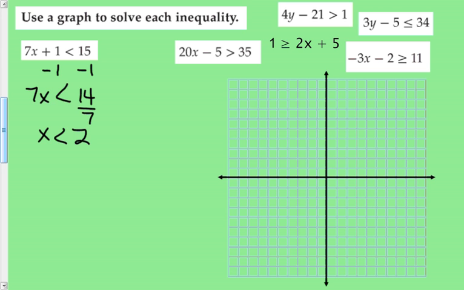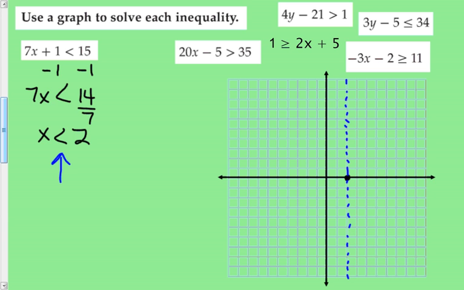And if you'll remember, when you have like x is equal to 2, that's just a vertical line. So you'll go to the x-axis, we'll go to positive 2, put a dot, and we know this is going to be a vertical line. It will be dashed because there's not a bar under our inequality symbol right here. So we will make a dashed vertical line that crosses the x at positive 2.